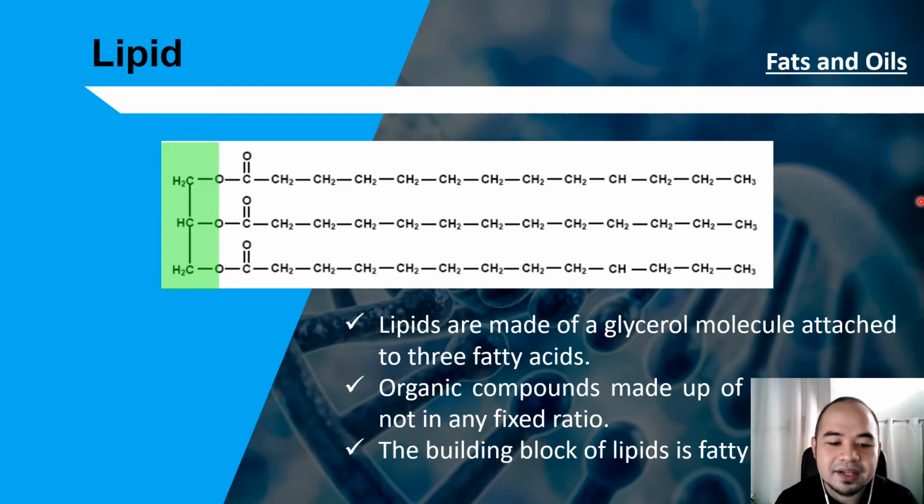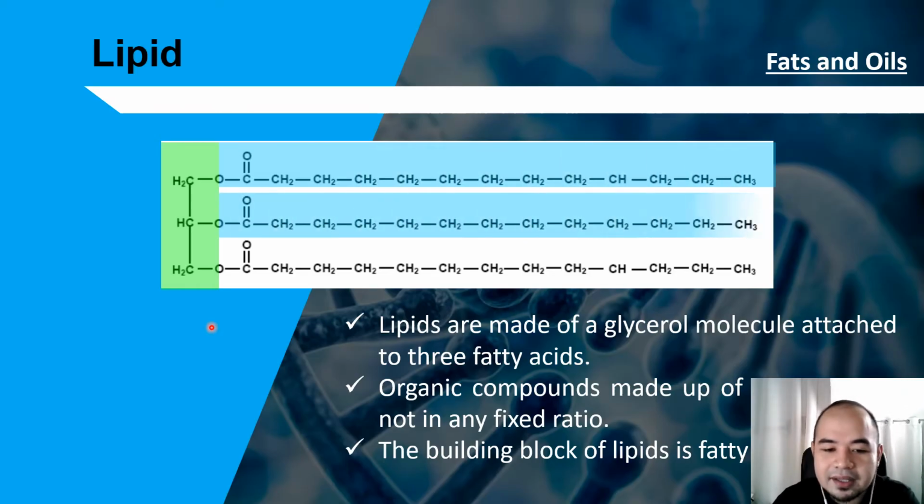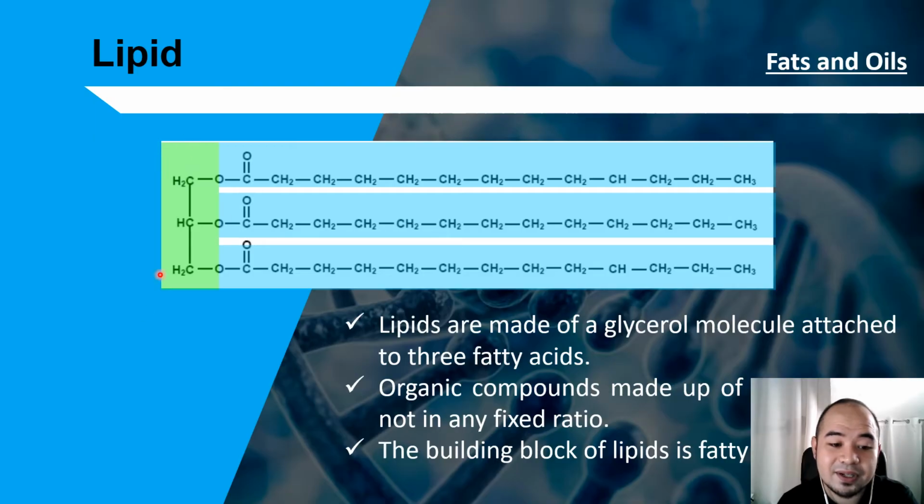So we have here the glycerol molecule. What is unique about the glycerol molecule? It has 3 carbon atoms, and to these 3 carbon atoms one fatty acid, another fatty acid, and another fatty acid can be attached. So it has 3 fatty acids here. And this one is glycerol.